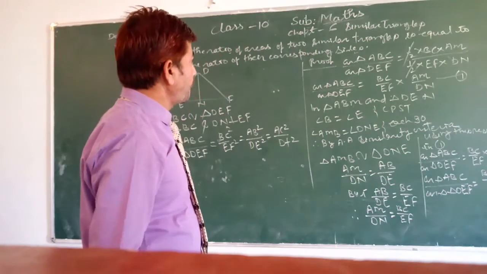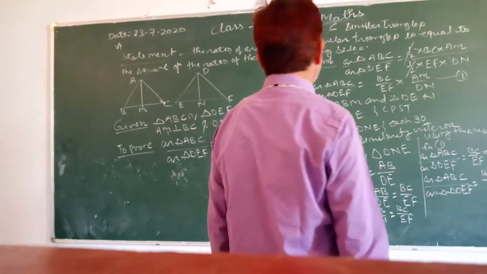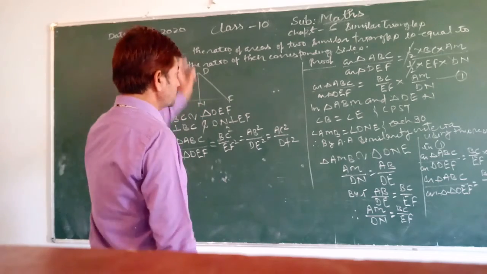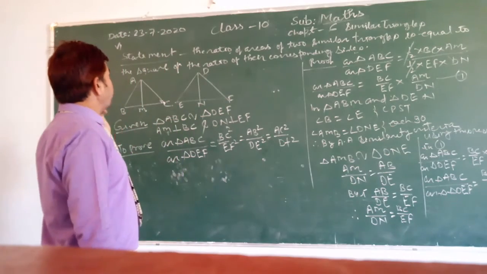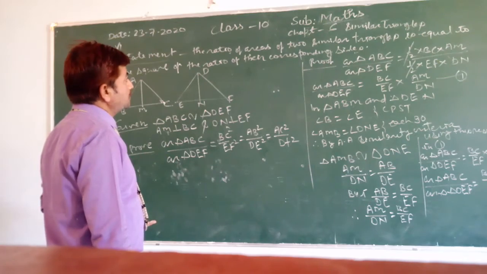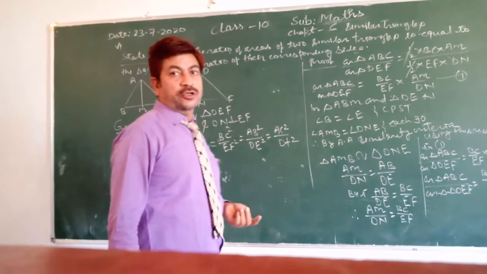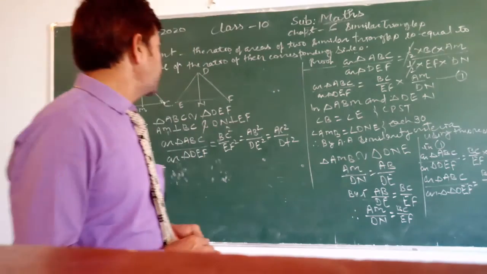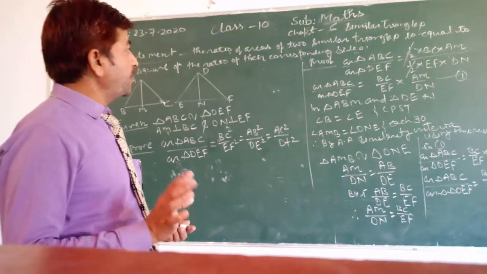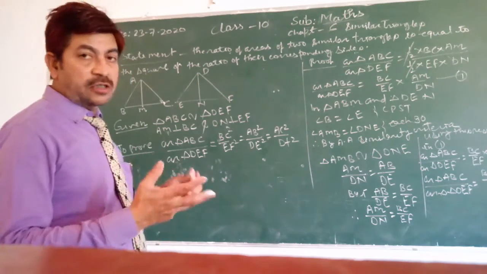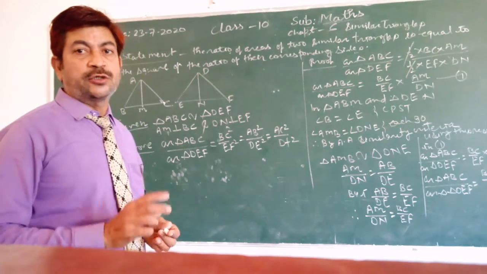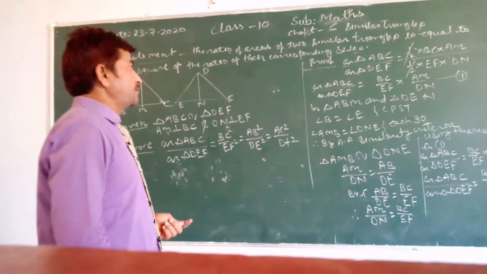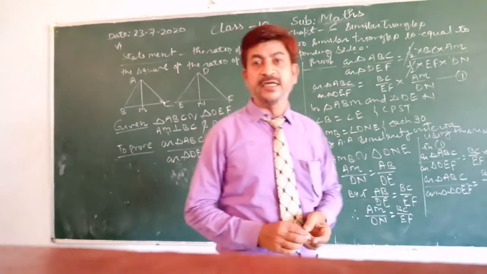Students, I am going to repeat this part again. We have to prove the theorem related to areas of two similar triangles: the ratio of areas of two similar triangles is equal to the square of the ratio of their corresponding sides.